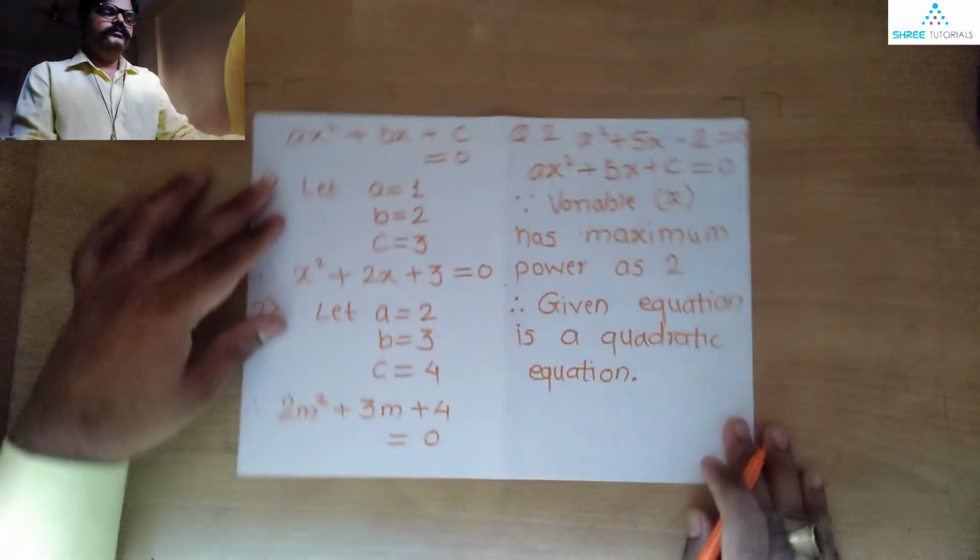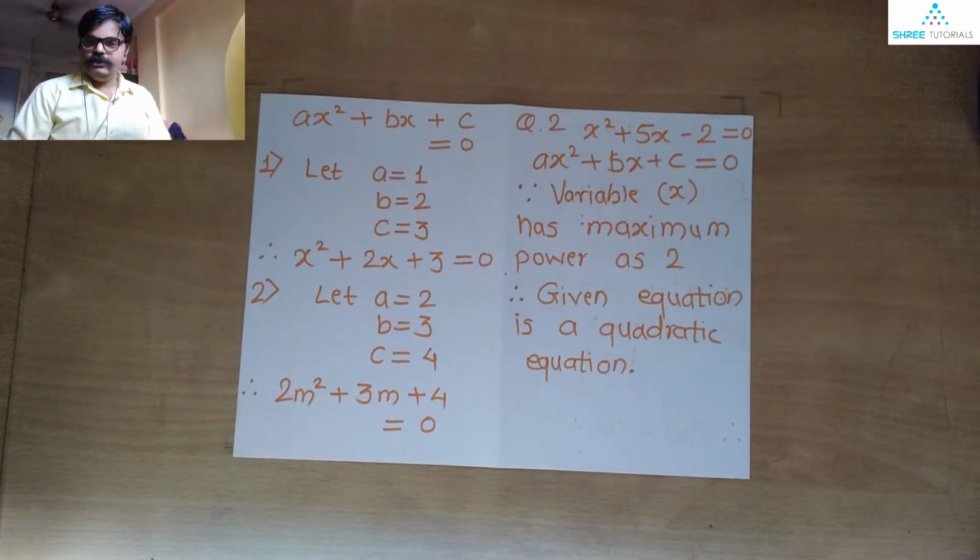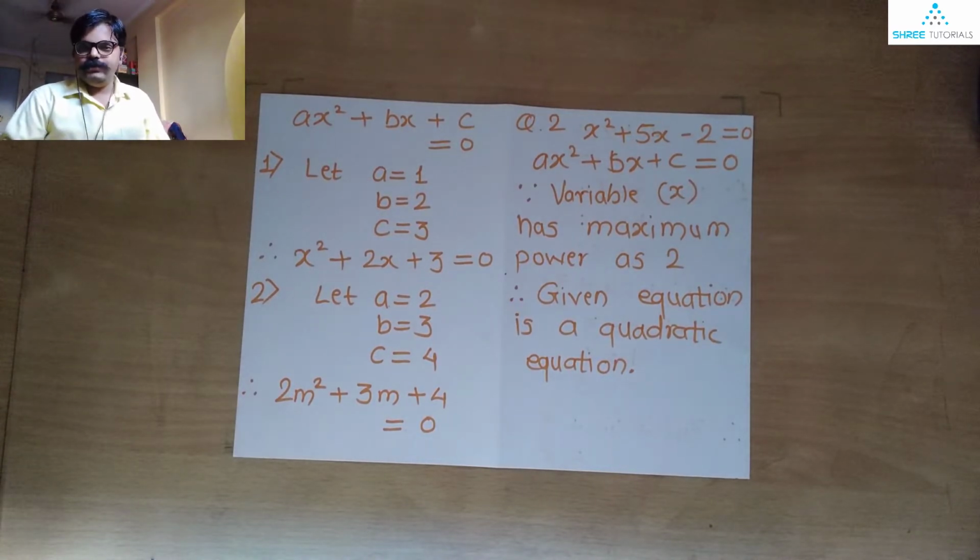The maximum power of the variable x was 2, and therefore we have taken a call that the given equation was a quadratic equation as well.